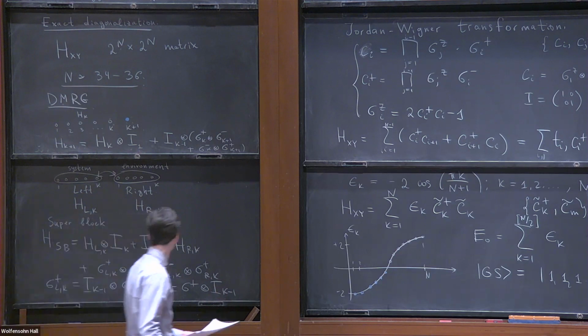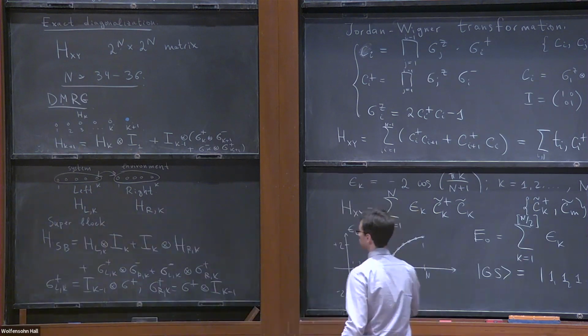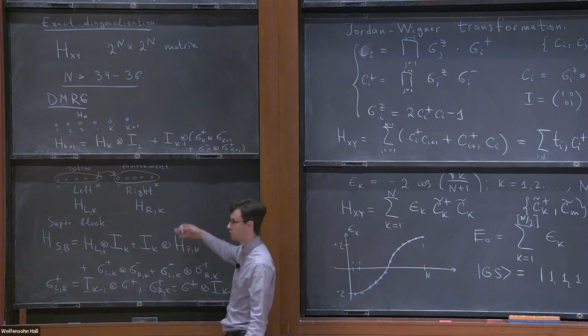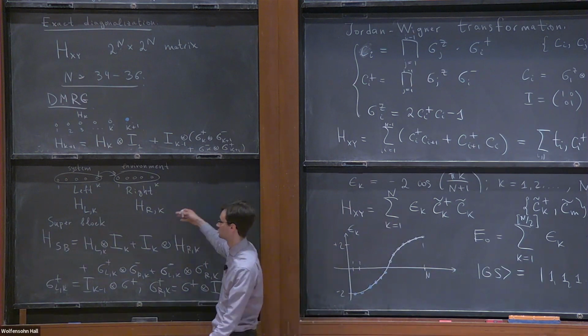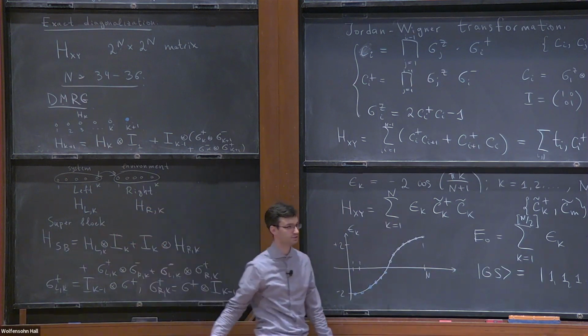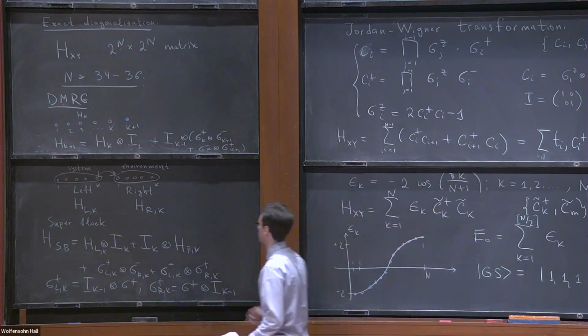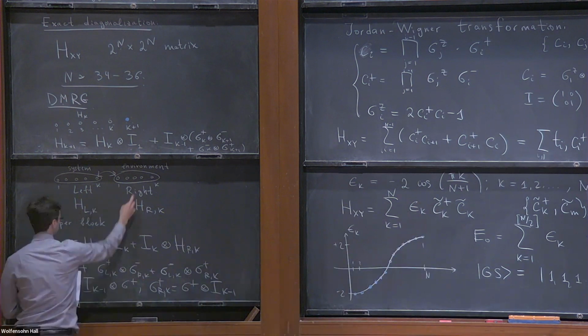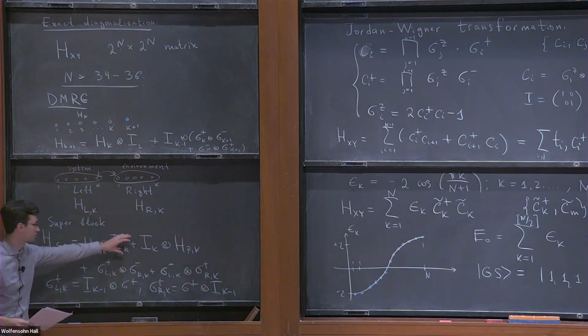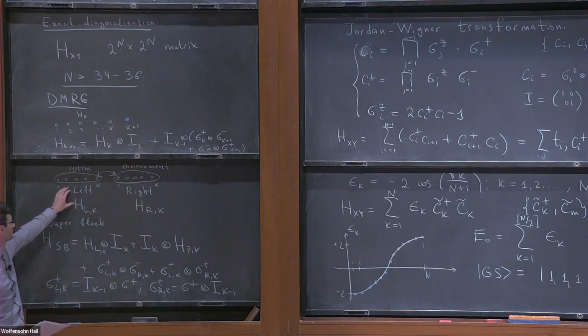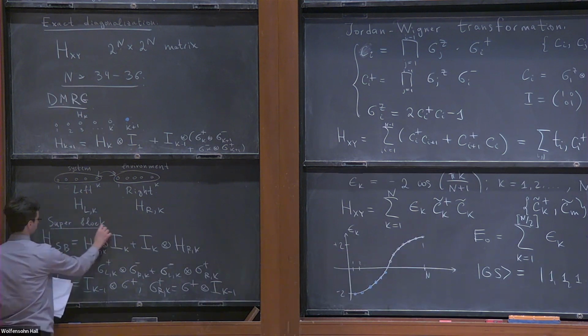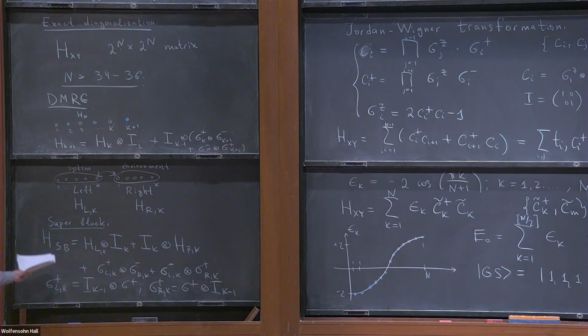All right, so far what we're doing here is just building this chain using its block structure. So we don't do anything fancy. We can build the left block, we can build the right block just using the tensor product. And then out of left and right blocks, we can build the superblock using the simple formula according to our XY model.